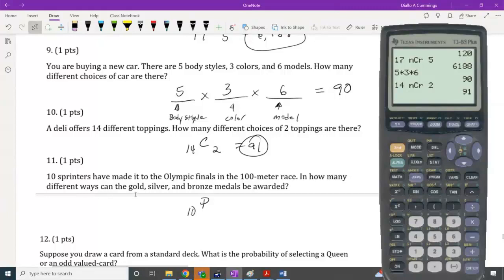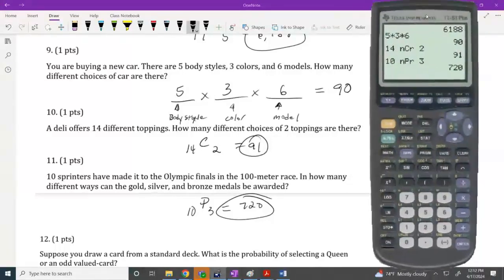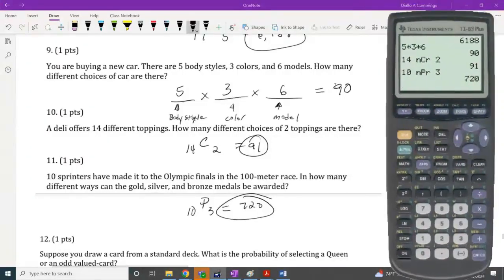Permutate, and then there are only 3 to choose from: gold, silver, and bronze. So 10 permutate 3 is 720.